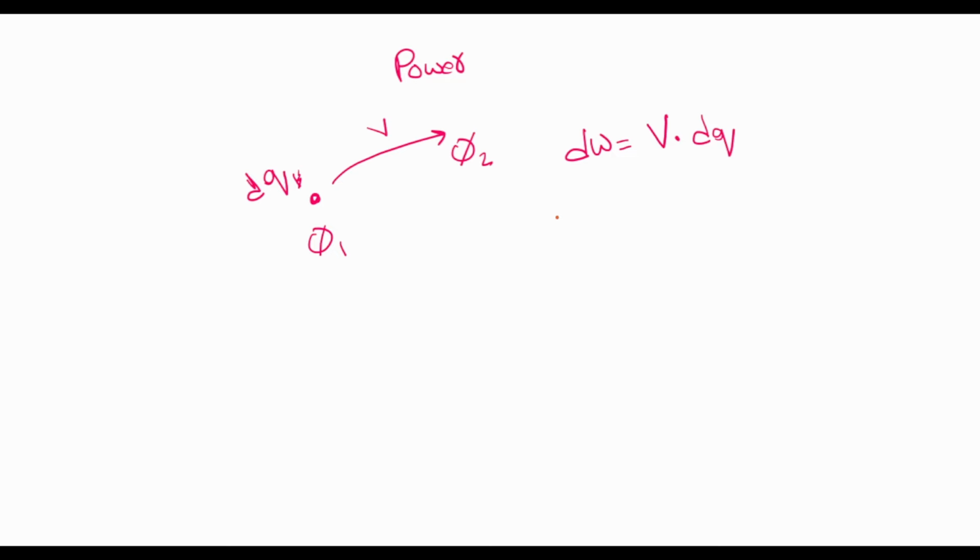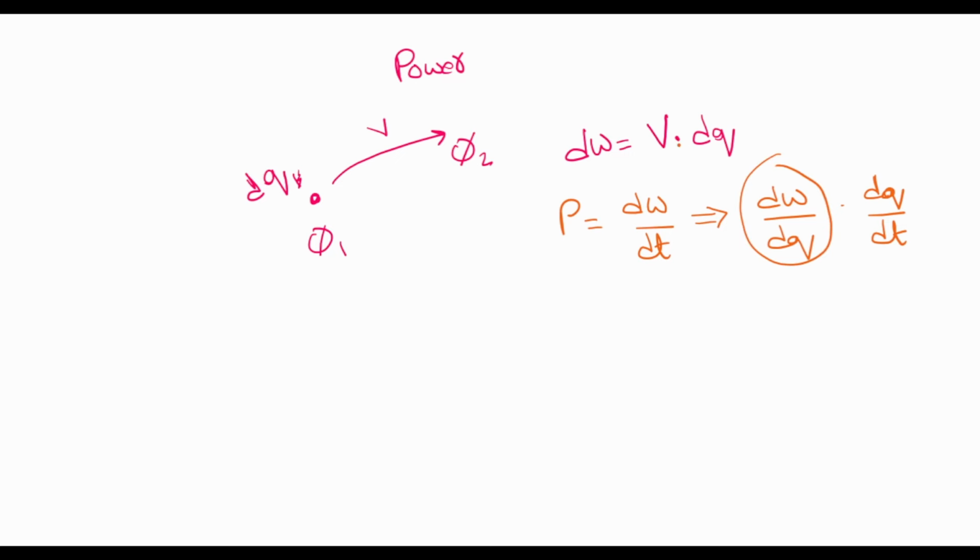Now we have already seen that power is nothing but rate of doing work, so dW by dt. So I can write this as dW by dq into dq by dt, and dW by dq is nothing but the voltage from this relation.